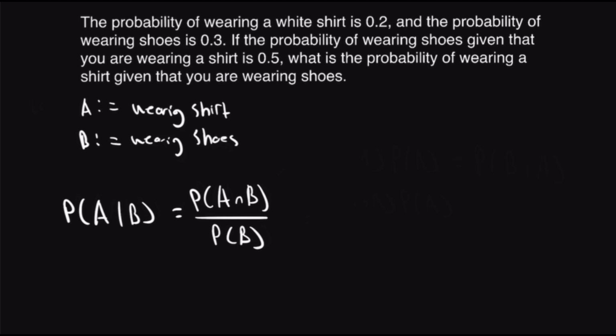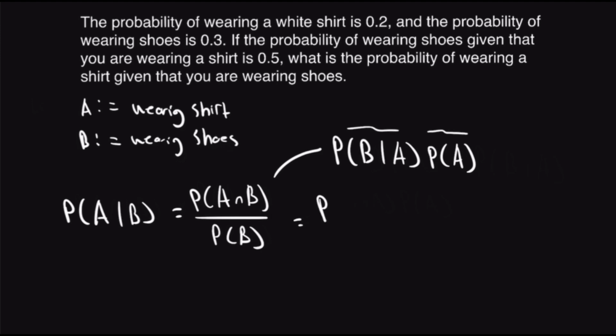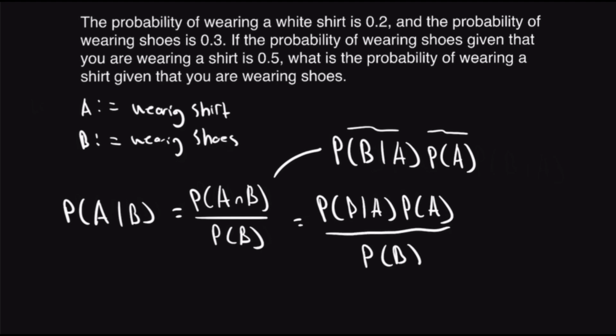So if you remember, I already stated that this is equal to probability of B given A times the probability of A. So we know these two values, so we can just substitute that in, and we get probability of B given A times probability of A divided by probability of B. And if we plug in all the numbers, we have that the probability of B given A is 0.5 times probability of A, which is 0.2, divided by probability of B, which is 0.3.